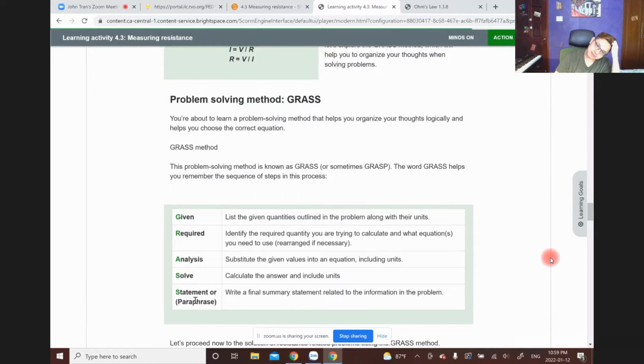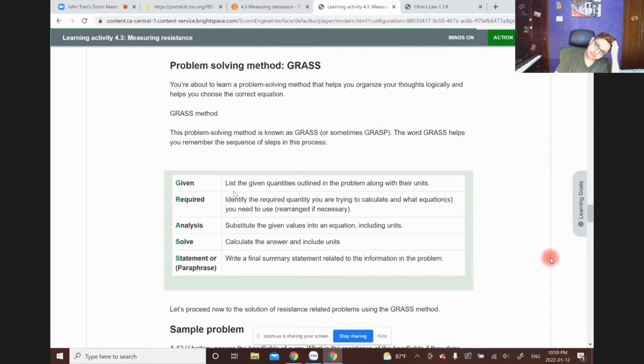What is GRASP? List the given quantities outlined in the problem along with their units. Identify the required quantity you are trying to calculate and what equation you would need to use. Rearrange if necessary. Substitute the given values into the equation, including units.